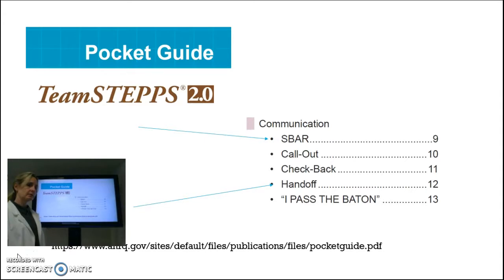Good. And Ryan, can you describe what a handoff is from your Team Steps? Very good. Okay, excellent. These are specific skills, like riding a bicycle. We need to practice it, and the more we practice it, the better we will become.